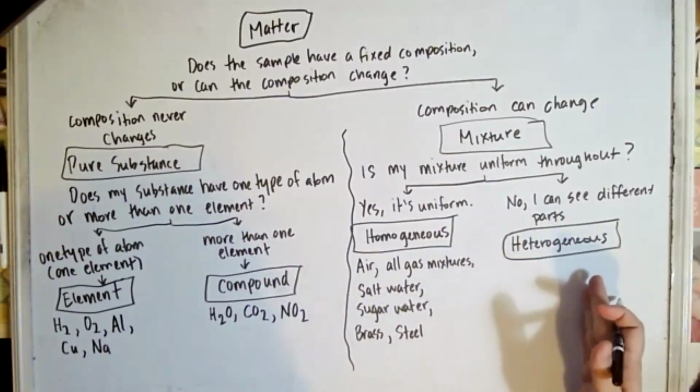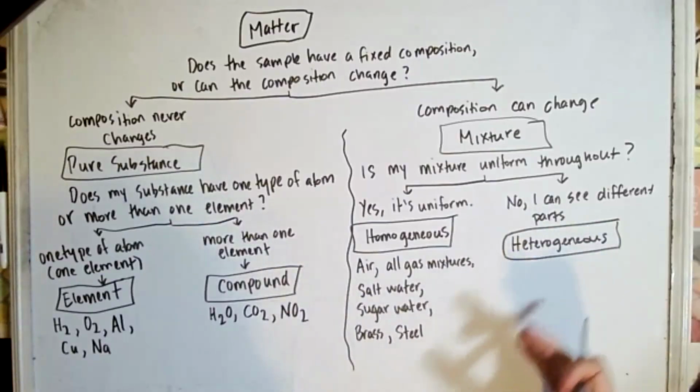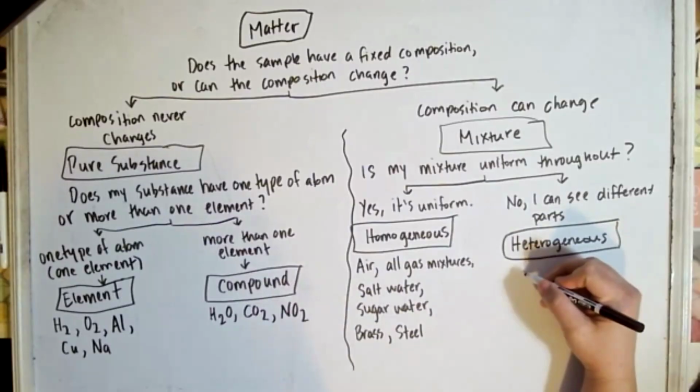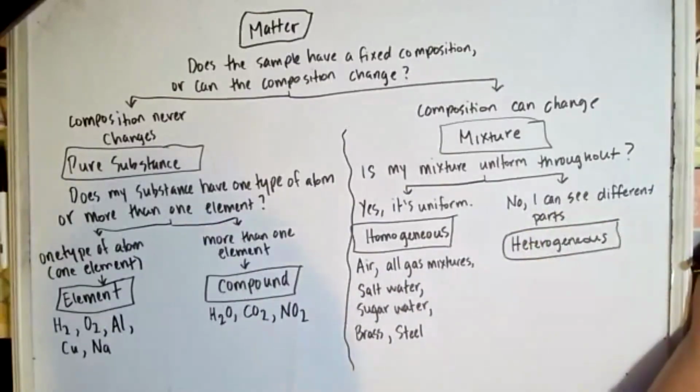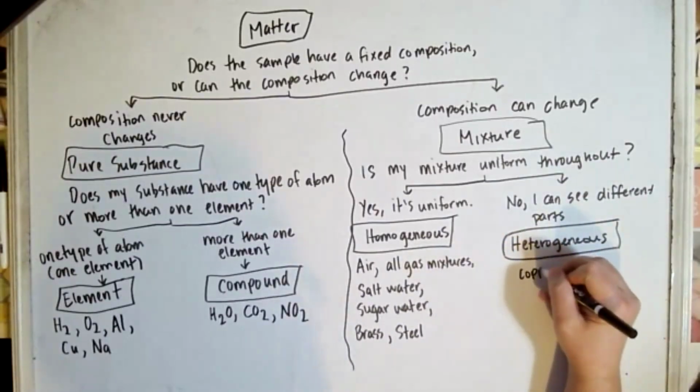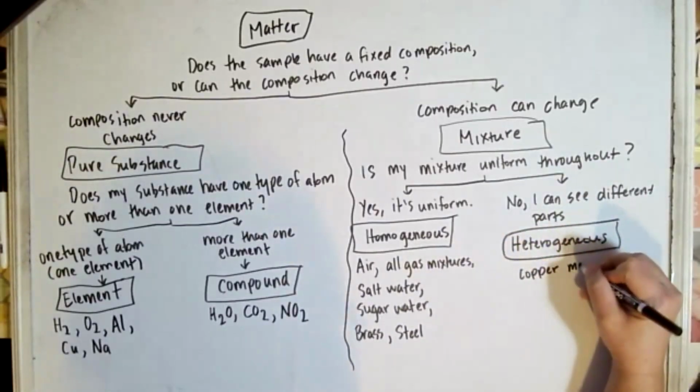For our heterogeneous mixtures, again, this is where you would see the different components of it. So, what example did they give us in the slides? Oh, they said copper, metal, and water. Yeah, sure. Copper, metal, and water. That's a fine heterogeneous mixture.